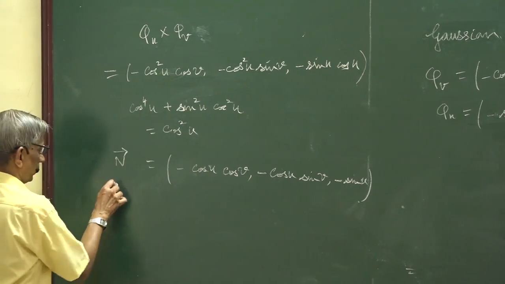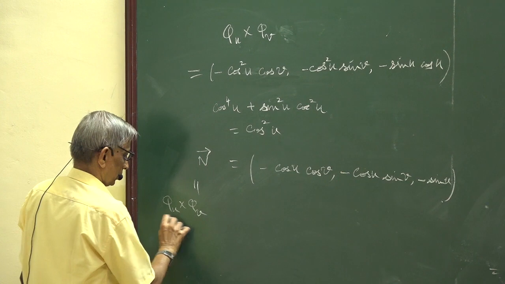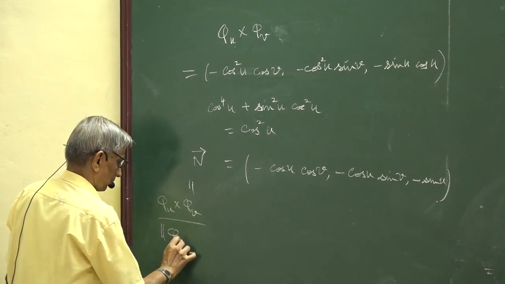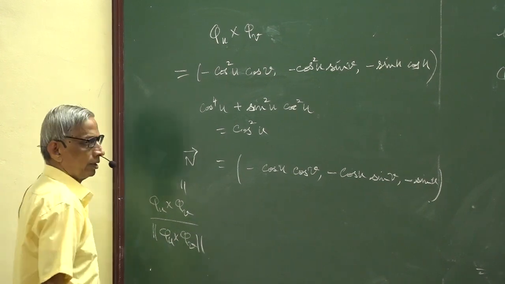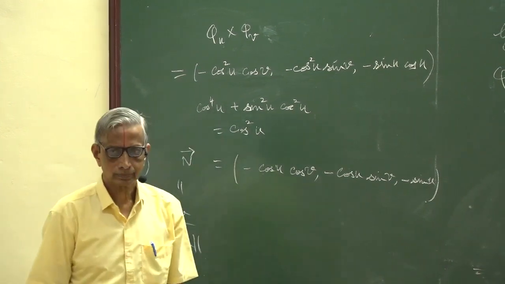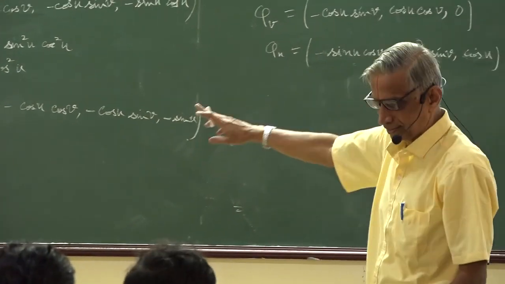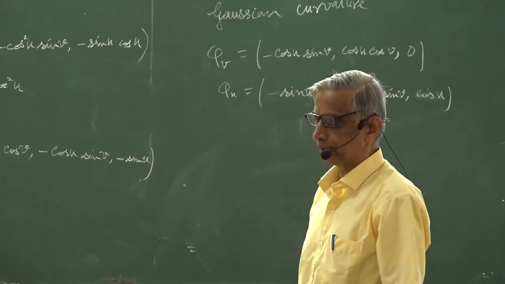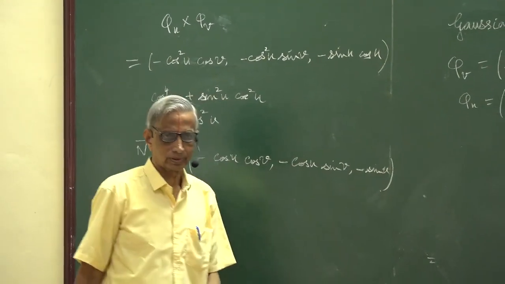So n by definition is phi u cross phi v divided by its norm. Of course where cos u is negative you will get the sign changed. Mod cos u will be minus cos u, so this will be plus, this will be plus, this will be plus.